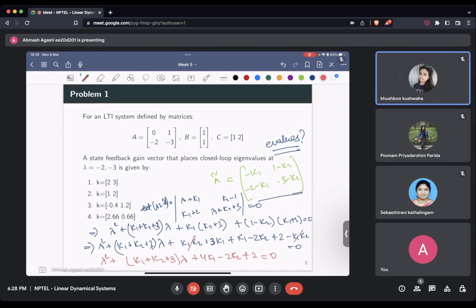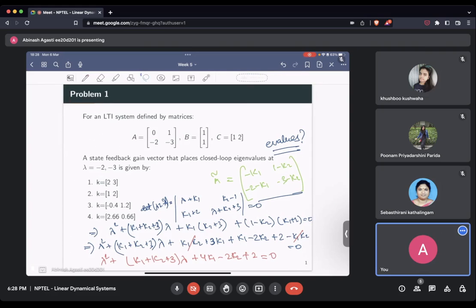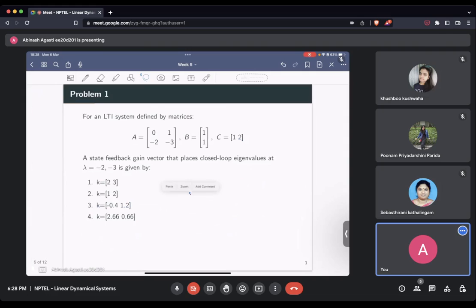Okay, so now what I want is to have these closed loop eigenvalues. So how do I do that?